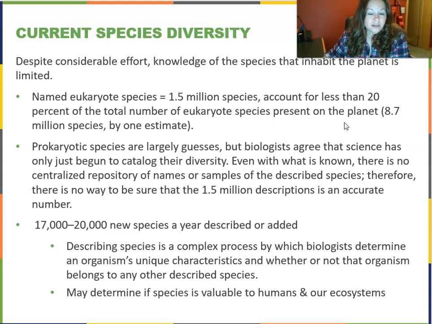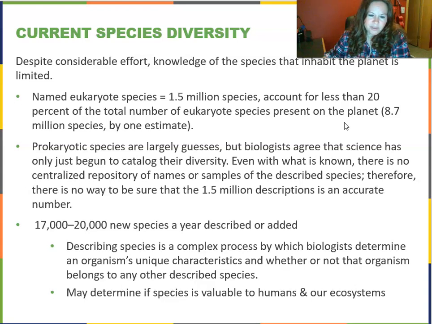Prokaryotic species are largely guesses, but biologists agree that science has only just begun to catalog their diversity. Even with what is known, there's no centralized repository of names or samples of the described species. For prokaryotes, therefore, there's no way to be sure that the 1.5 million descriptions is an accurate number.